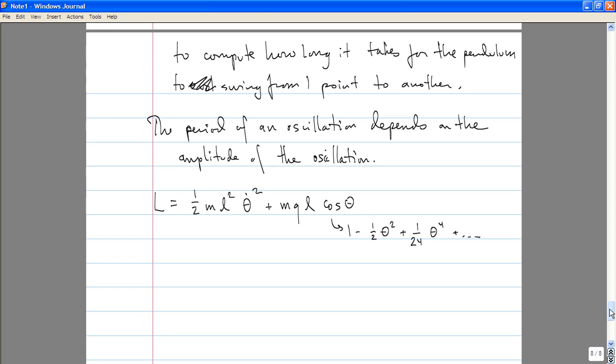So that'll give us the simple harmonic oscillator behavior. And then that theta to the 4th term will give us the first correction to the simple harmonic oscillator behavior around the stable equilibrium. So if we just keep this theta to the 4th term in the equation of motion, then this is known as the anharmonic oscillator.